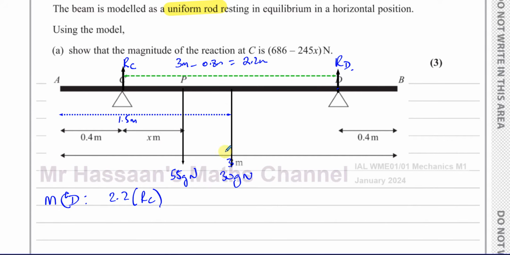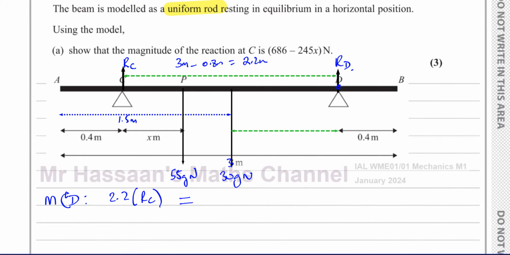Now, the other two forces, this weight of the man and the beam, they would have the effect of being anti-clockwise about D. So the clockwise moments, as it's in equilibrium, will equal the anti-clockwise moments. So now I need to know these distances. I need to know the distance between these 2 points here.